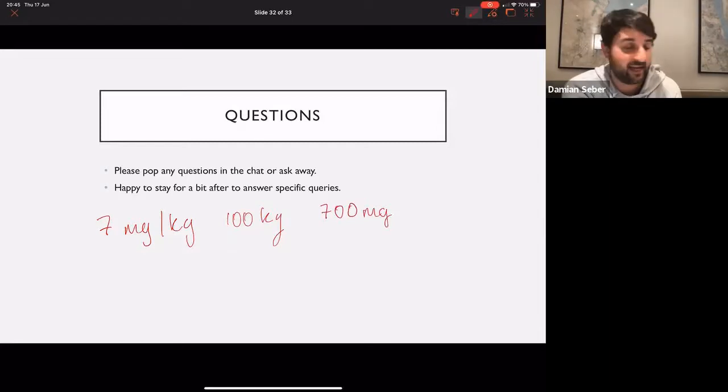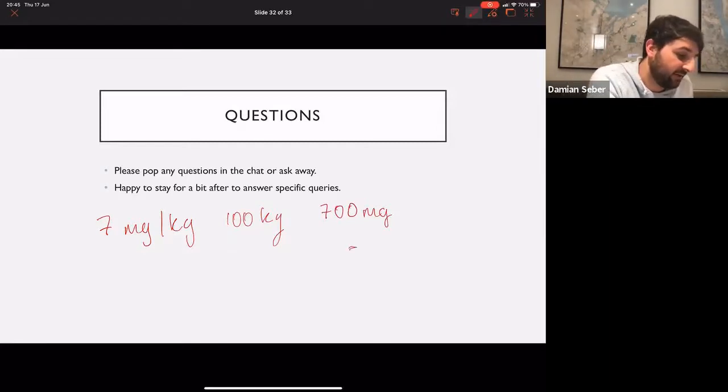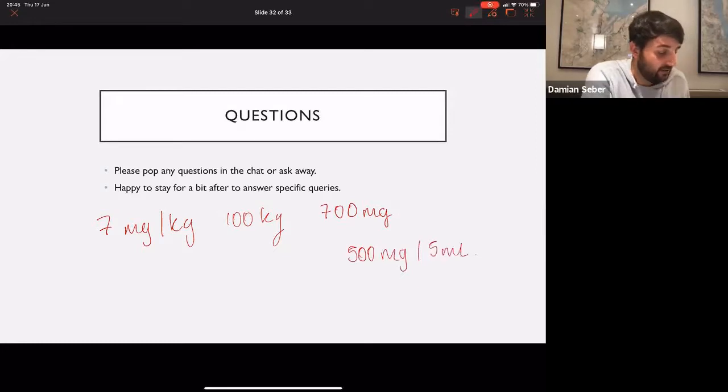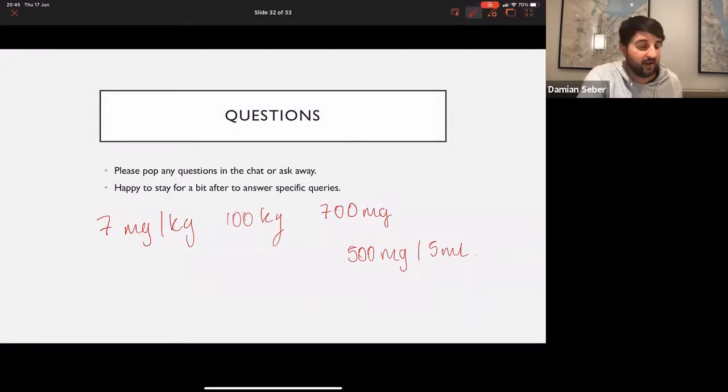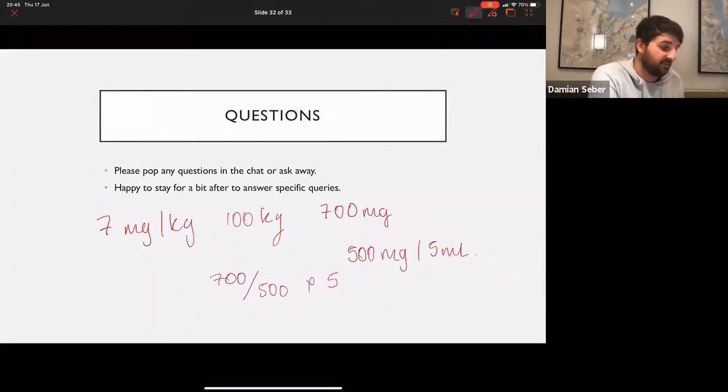But if that only came in vials of 500 milligrams in 5 milliliters, you'd be asked to work out how many milliliters of drug you need to give. So what you want is 700 over 500 times the volume it's in, which is 5.